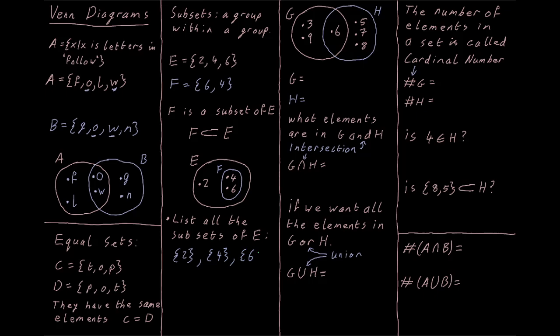And they're all subsets of E because they're all made up of the stuff in E. We've already seen that 6 and 4 is a subset of E. So we could have 4, 6, or we could have 4, 2, or we could have 2, 6.